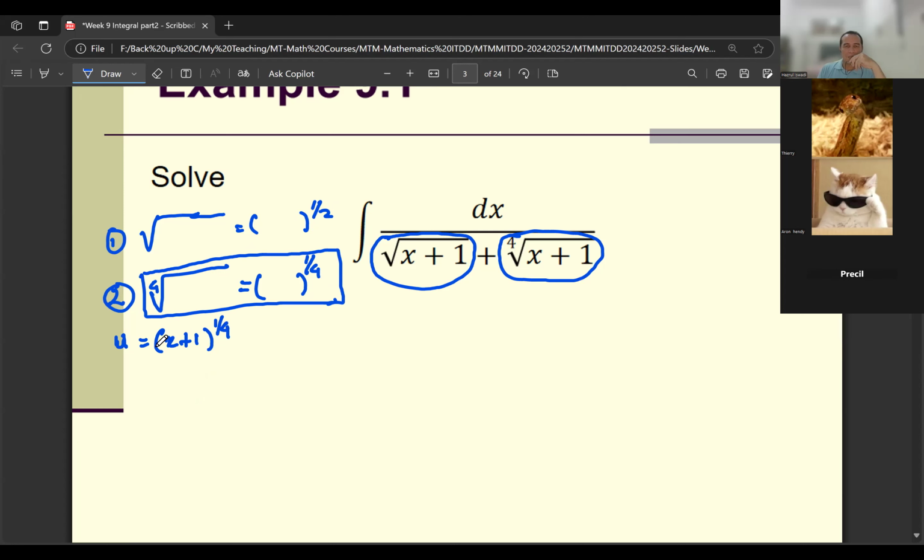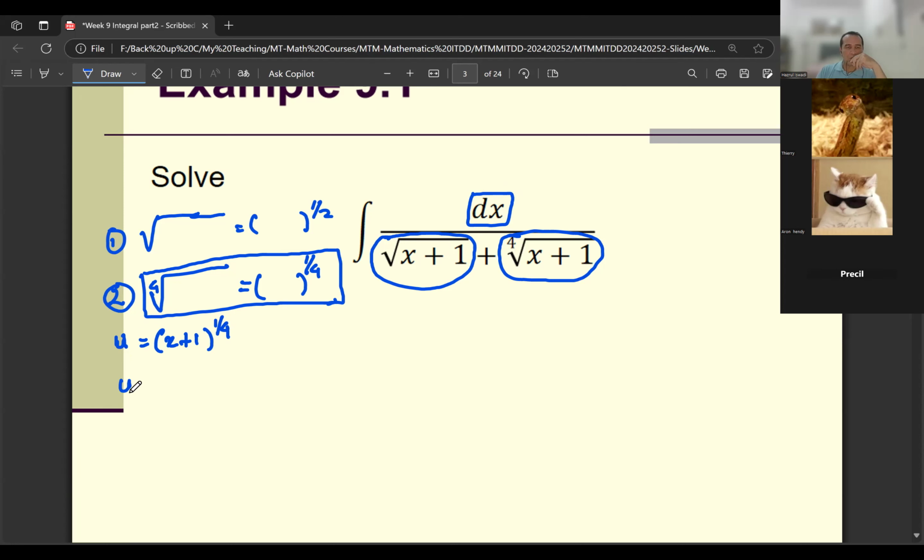By using this substitution, we must change all of the components. The dx must become du, and the rest must become a variable of u. How to get it? To make it rational, we take the power of 4 on both sides.